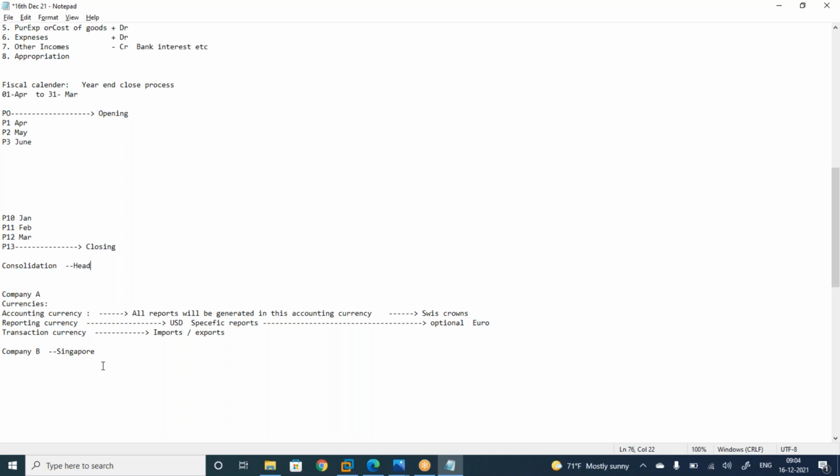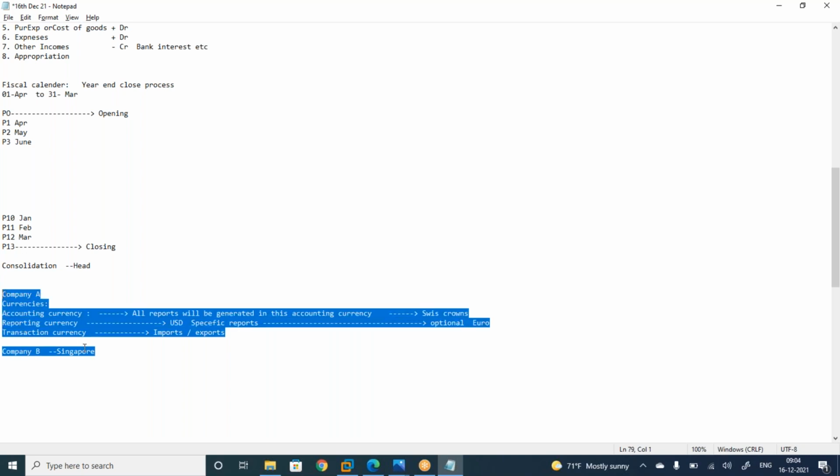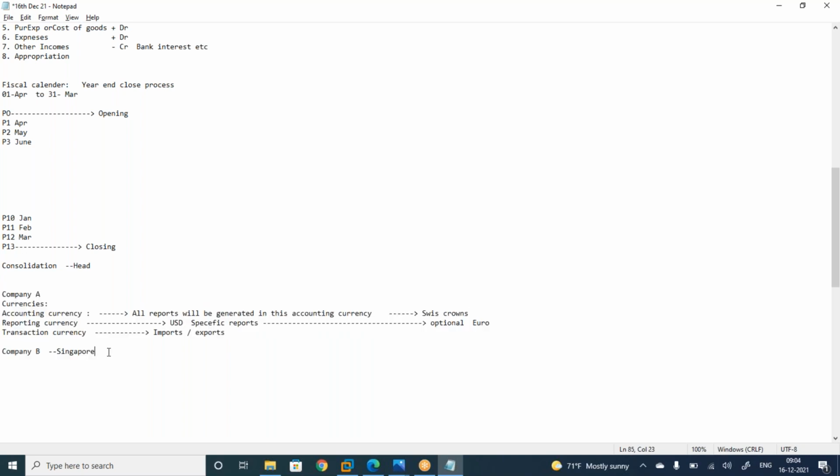On this we can have a lot of healthy discussion, definitely arguments, like one is a branch, one is a company, one is a head office. Suppose in India each state has another company: one in Hyderabad, another in Bangalore, another in Warangal.